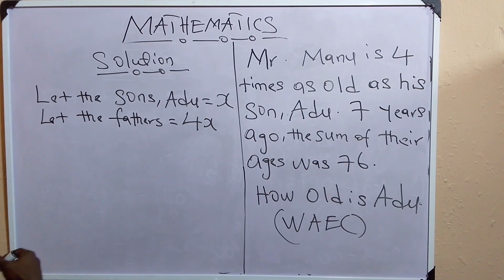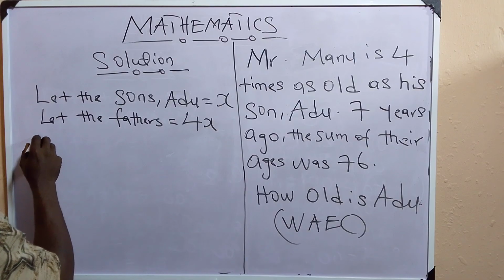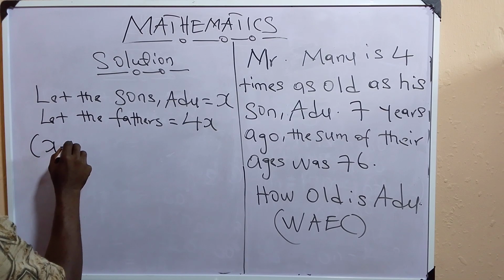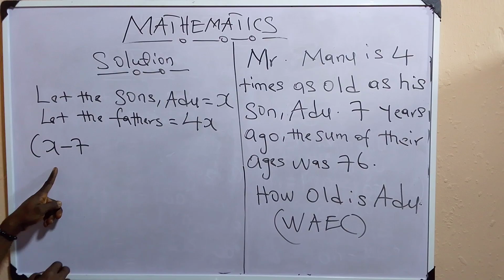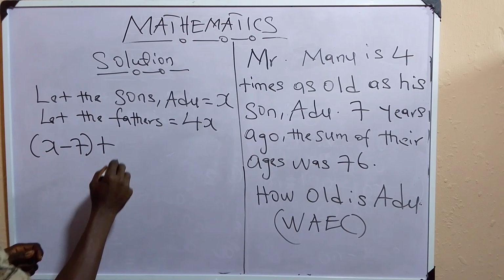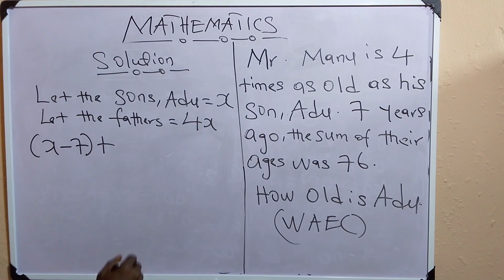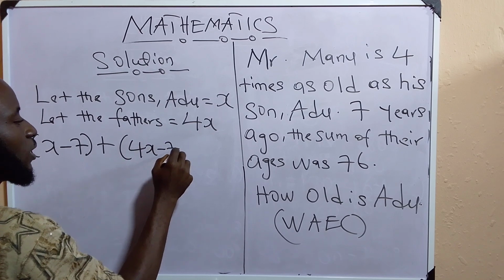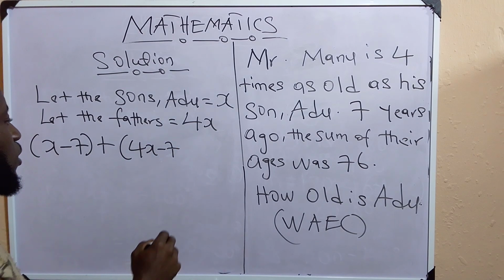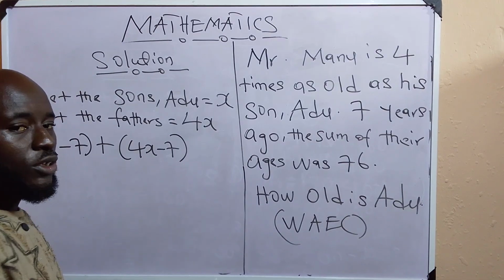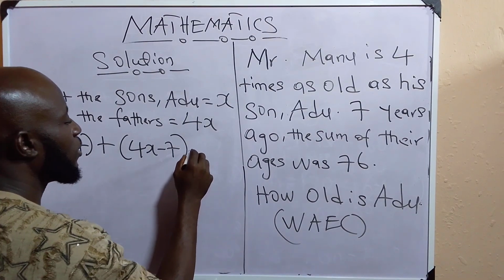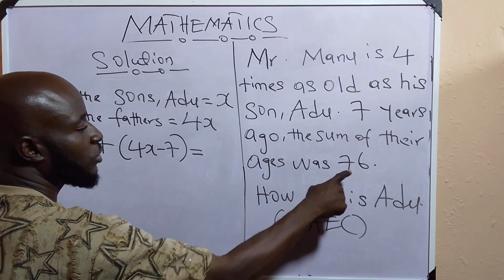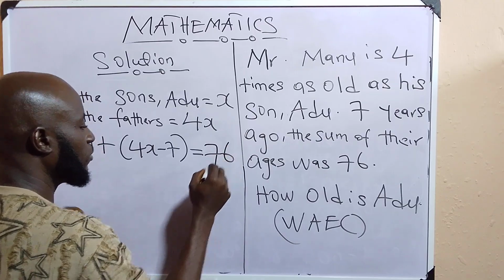Since the son's age is x, 7 years ago we have x minus 7, plus the father's age, which will now be 4x minus 7, summed up to 76.